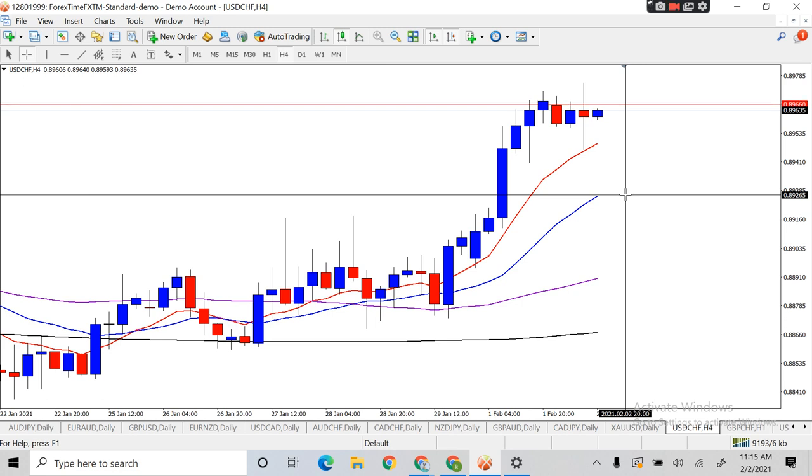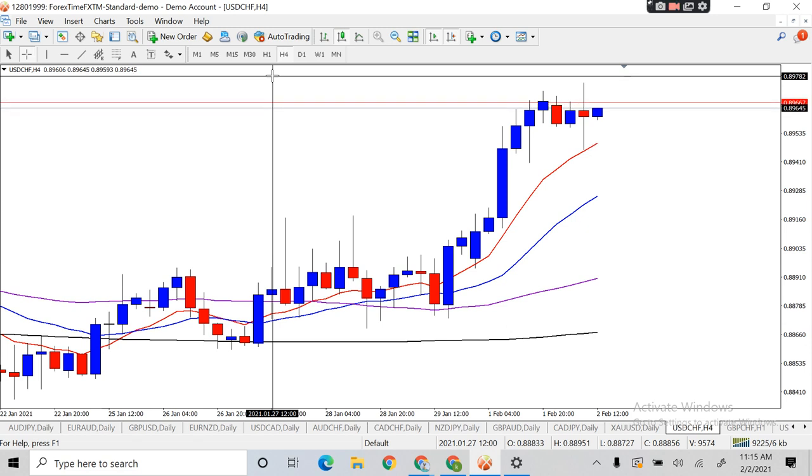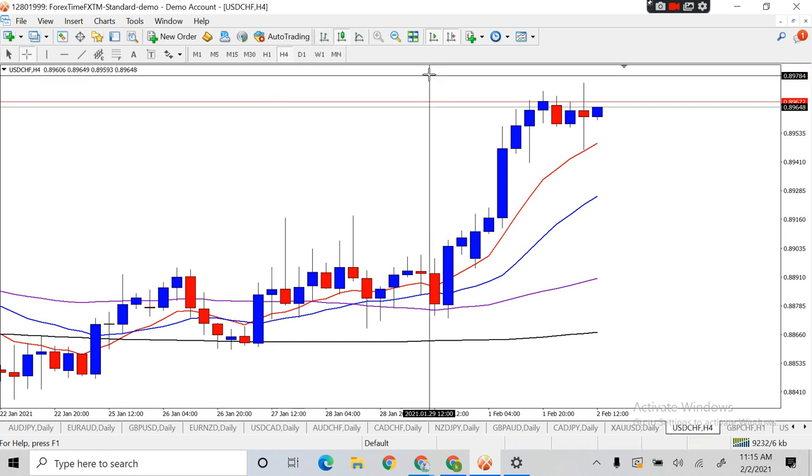It looks like the pullback is done with, but I would rather allow this to pull back at least to the 10 or the 20 moving average before I enter for a buy, because the market always does ups and downs. At least it will come down to the area of value before I do my buy. It's a buy bias, no doubt, but I'll wait for my bullish trigger before I enter for a buy.